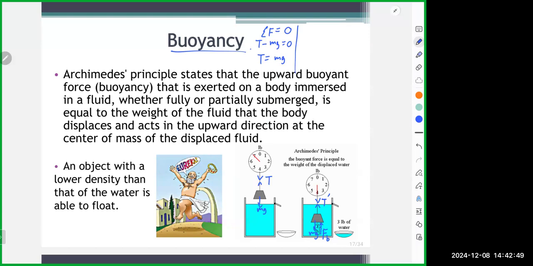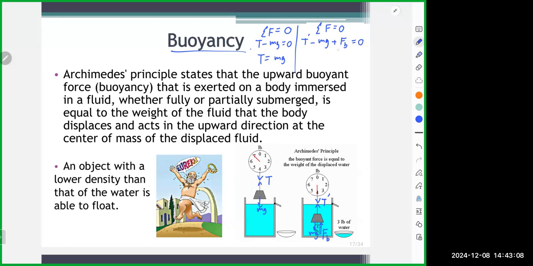And another one, if you hold it very still in water, T prime minus mg plus Fb equals 0.